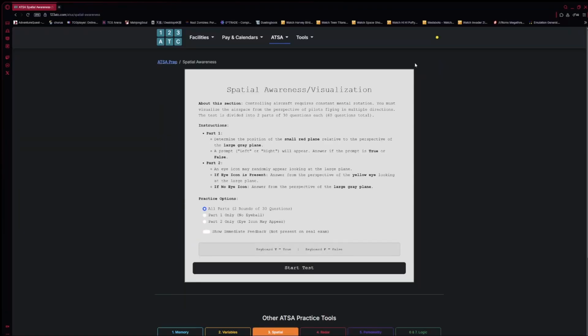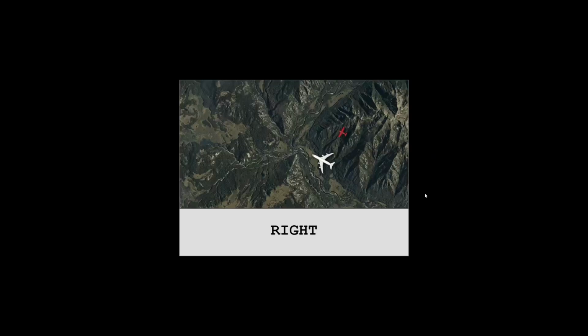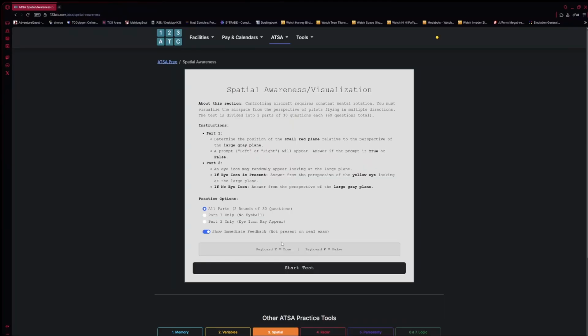This one I'm going to have immediate feedback on because I suck at this and I need the feedback on for it. True, false, true, true, no, true, true, true, false, false, true.